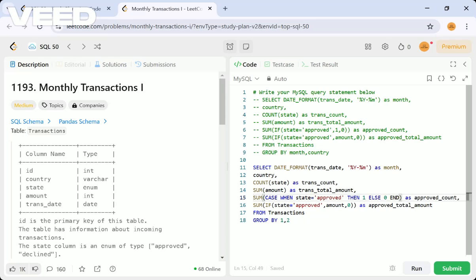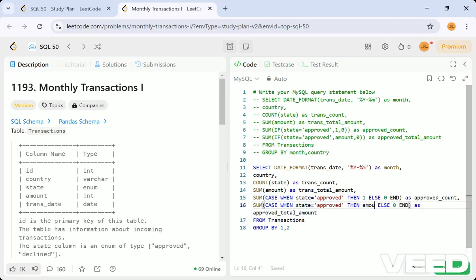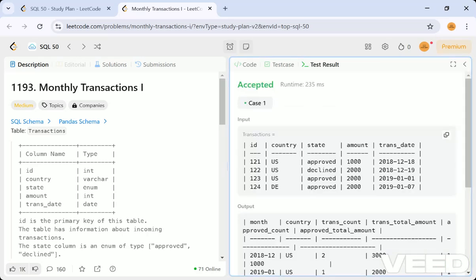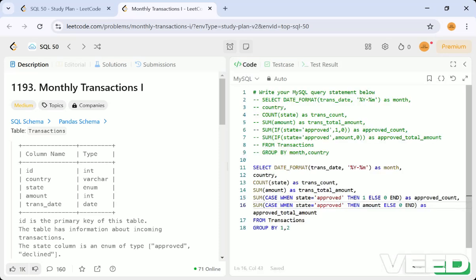Like this we can also do it, but here after then we have to return the amount in this case. If you run this, it will also be the correct answer. So instead of if we can also use case. For group by also, instead of aliasing names or direct column names, you can have 1 comma 2 like that. I'm just submitting this problem.